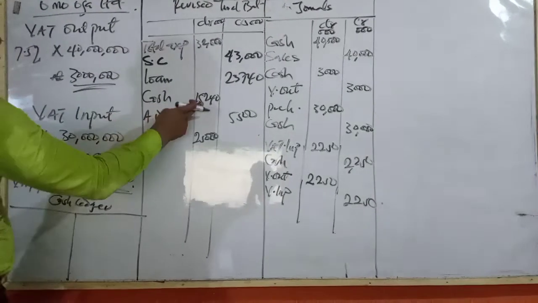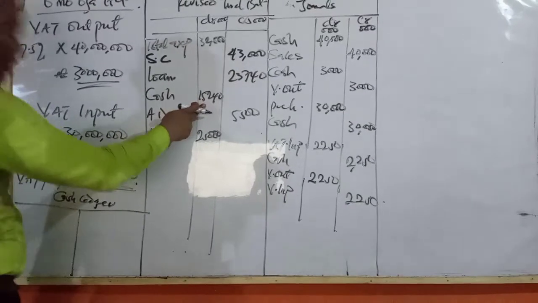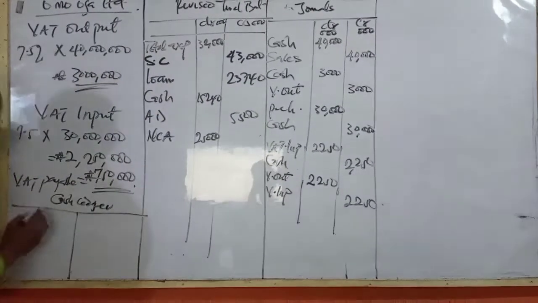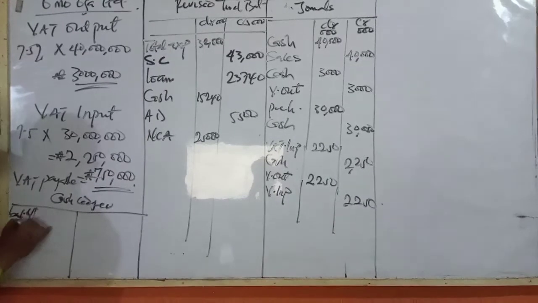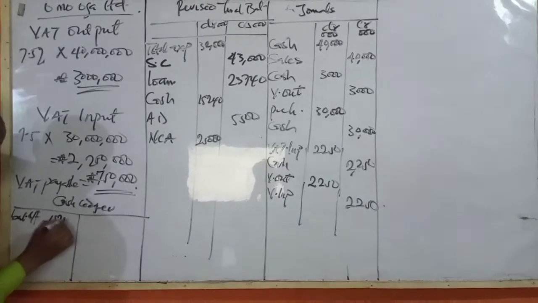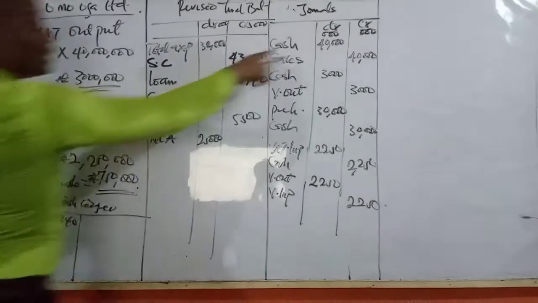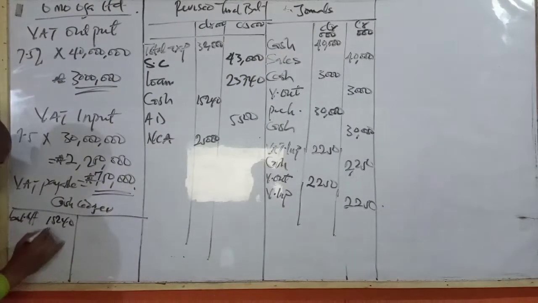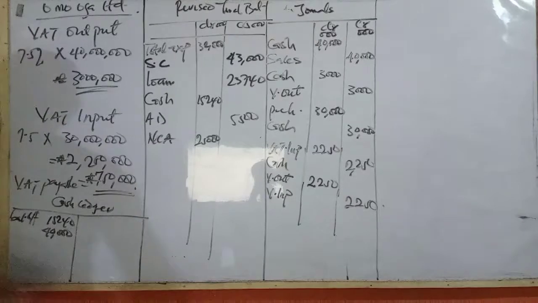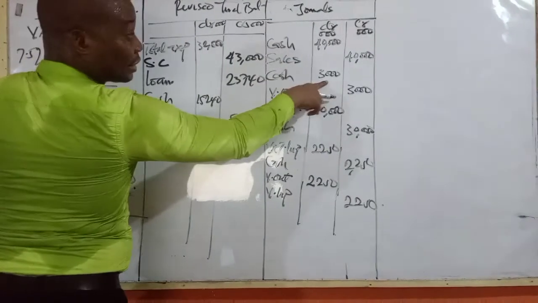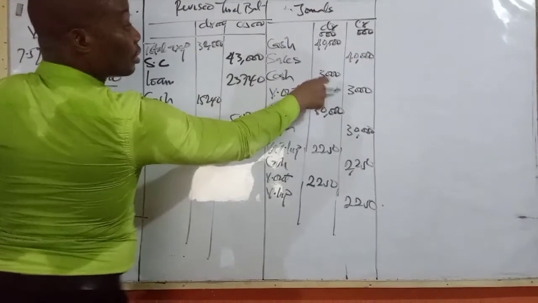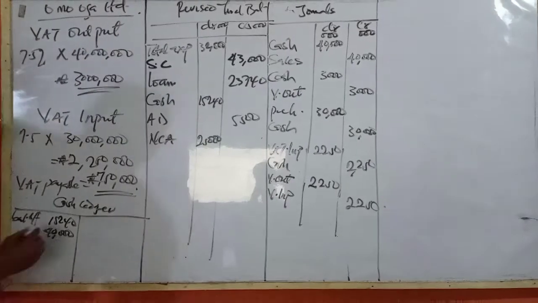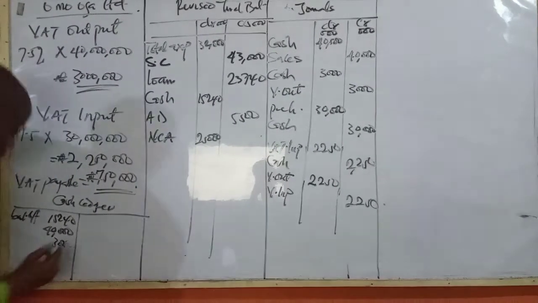There's an opening balance of cash here, which will be the balance brought forward of 15,240. There's a debit cash here, 40 million, so we'll say 40,000. There's another debit cash here of 3,000. So we'll say 3,000.